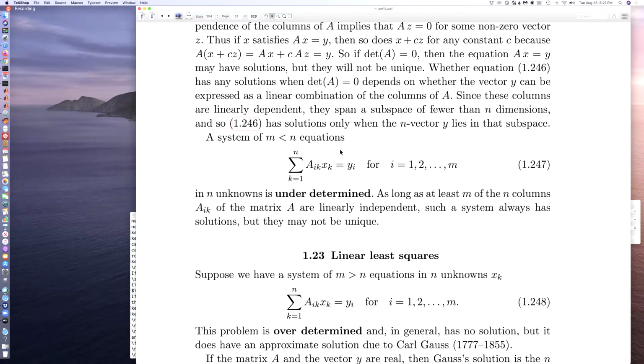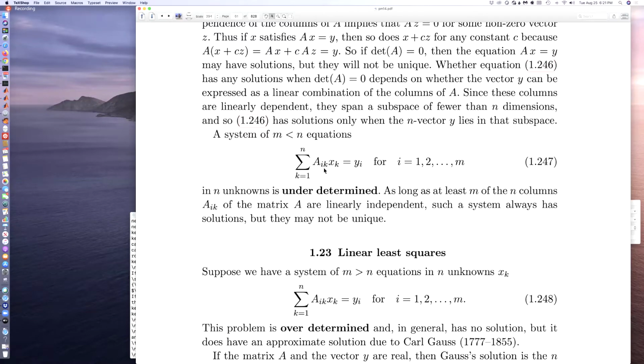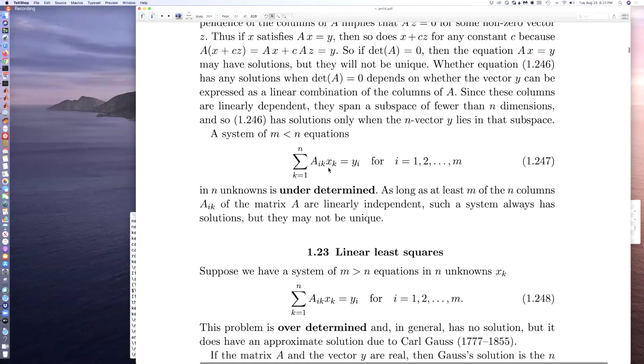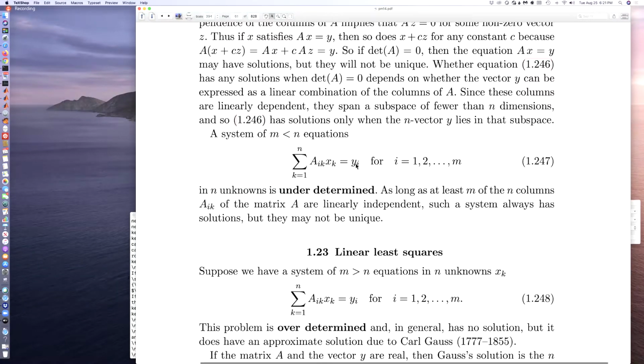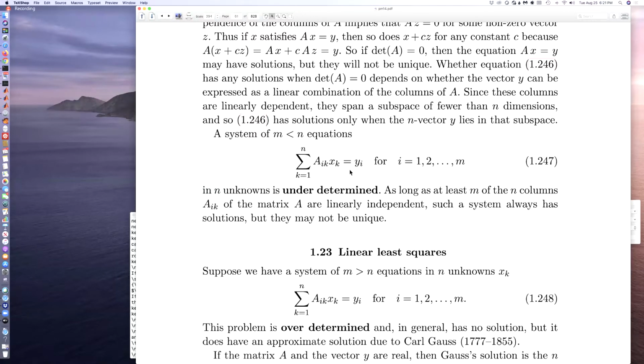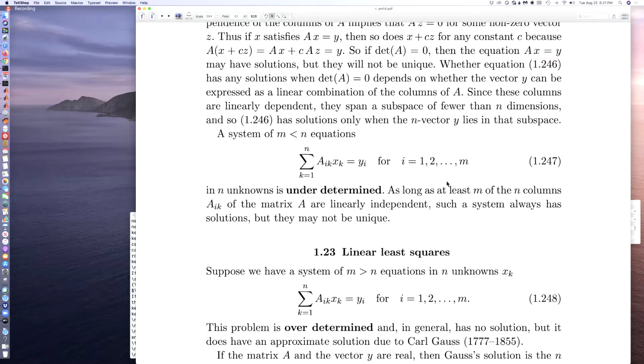Now, what's equally or more interesting is the case when you have an m by n matrix, I should say. When you have more equations than you have unknowns, when you have m equations and you have n unknowns, and this is then undetermined.